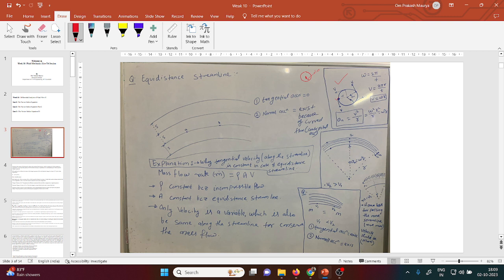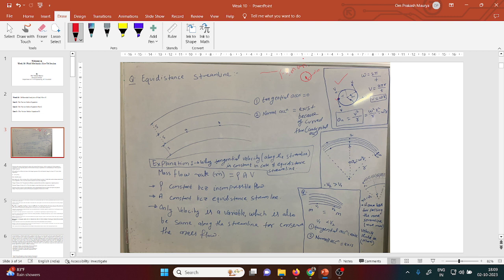This happens only when the particle moves on a curved path, not on a straight one. When the particle moves on a straight path, there is no concept of centripetal and centrifugal force. And you already know force equals mass into acceleration, so the acceleration here is the normal acceleration.